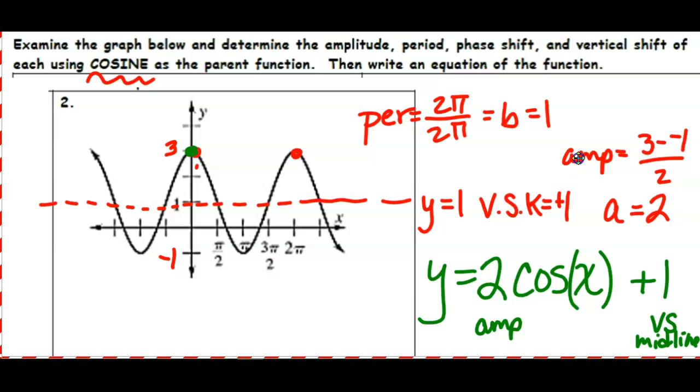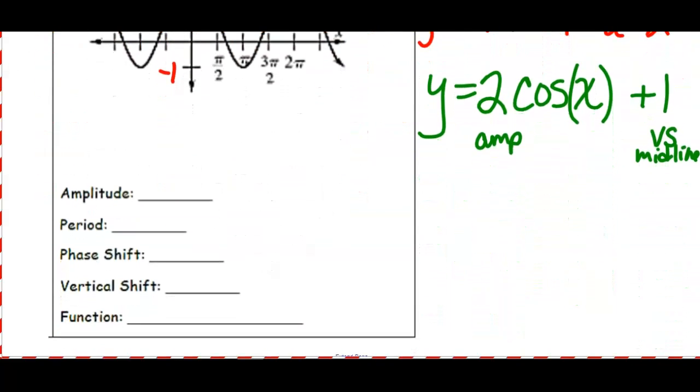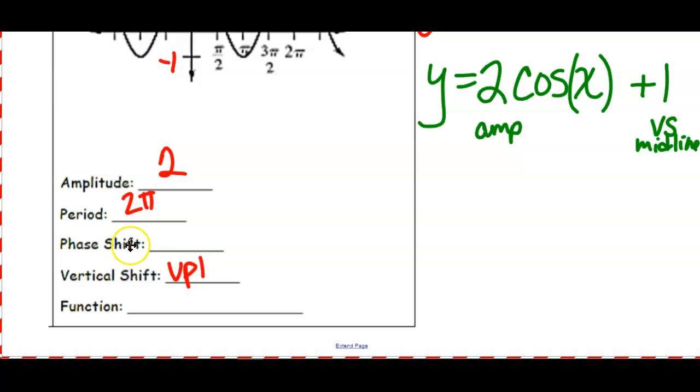And on number 2, the amplitude was 2, the vertical shift was up 1, and the period was 2 pi. And we didn't need a phase shift when we did a plain old cosine, because it had its maximum on the y-axis. All right.